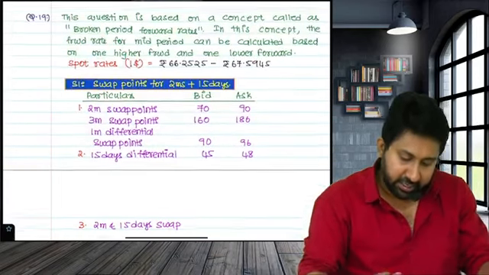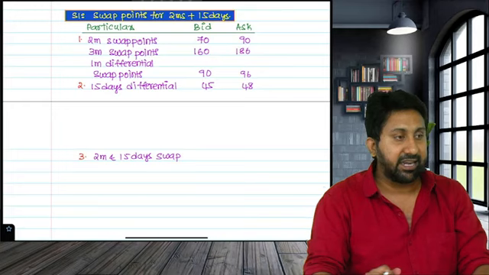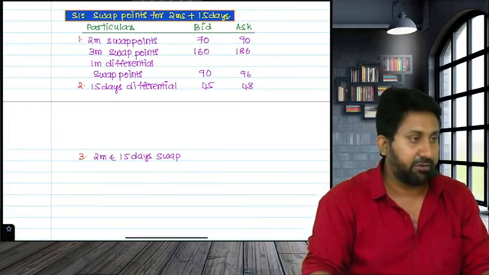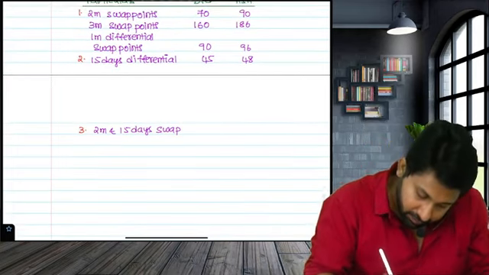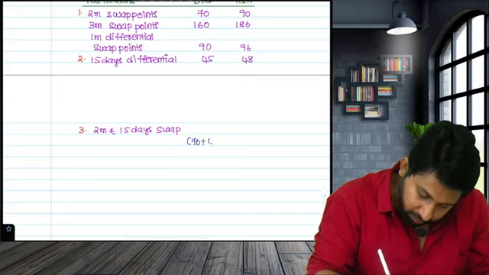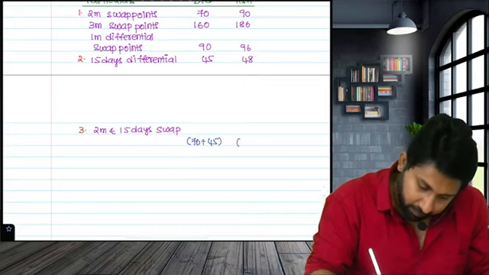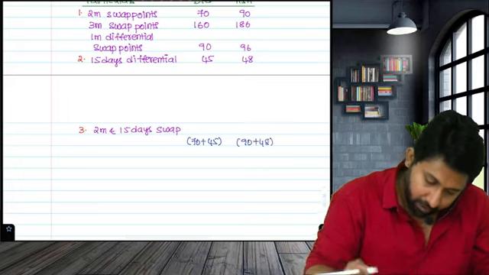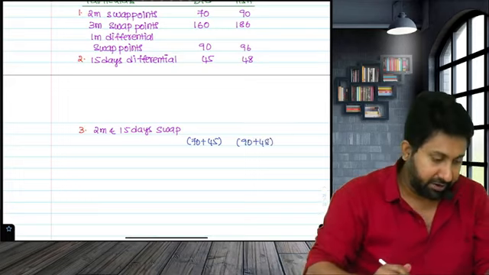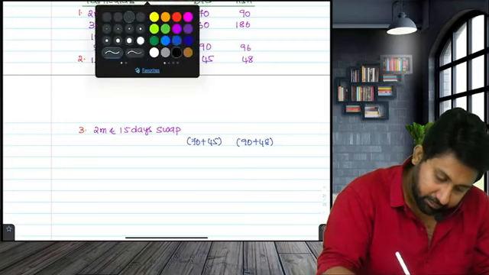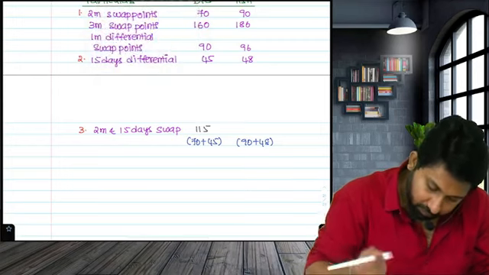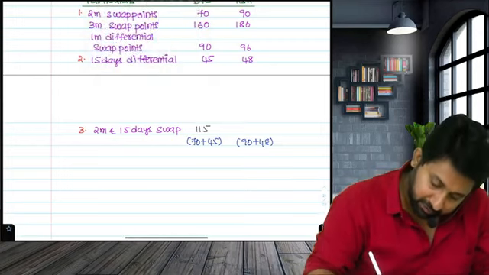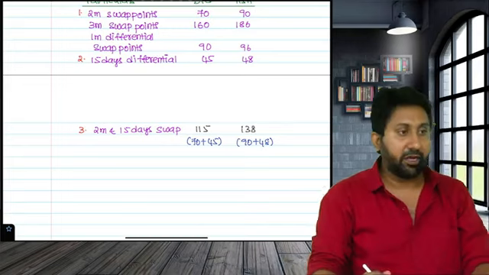First check this: 45 and 48 is in ascending or descending? Ascending. Means what we need to do? Add. 70 plus 45, 90 plus 48. 70 plus 45 means 115 points. 90 plus 48 means 138 points.